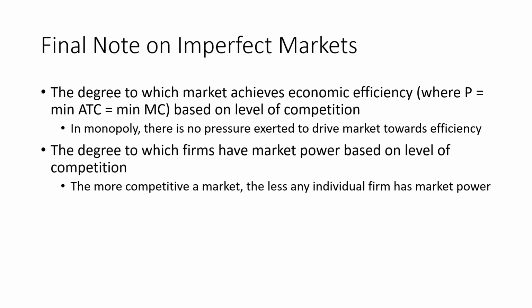The other thing that we finalize things with here is that the degree to which firms have market power is based on the level of competition. The more competitive the market is, the less any individual firm has market power. Market power is a zero-sum game. What we mean by a zero-sum game is that what one person wins, another person loses.